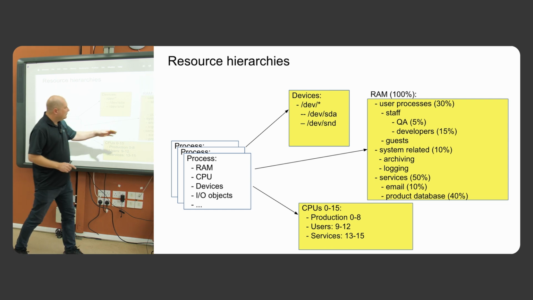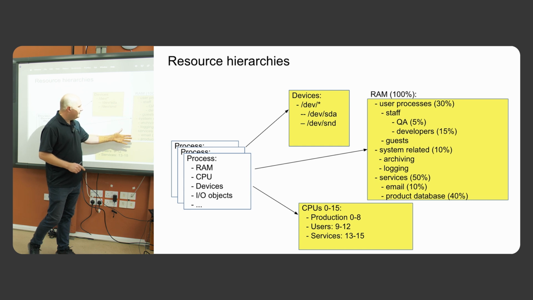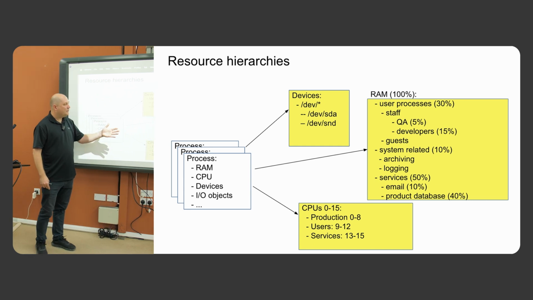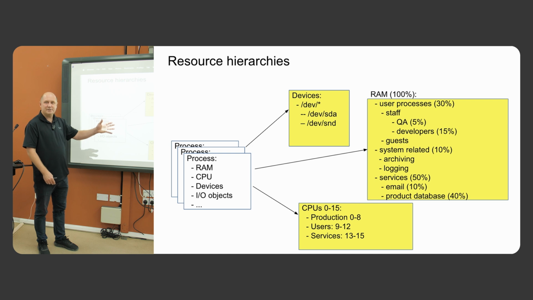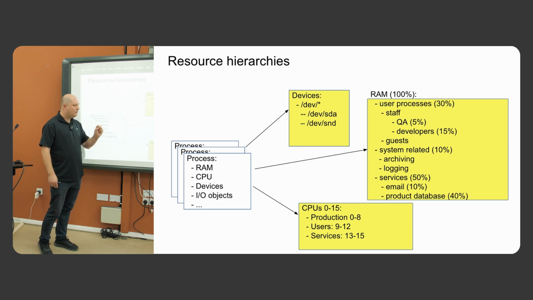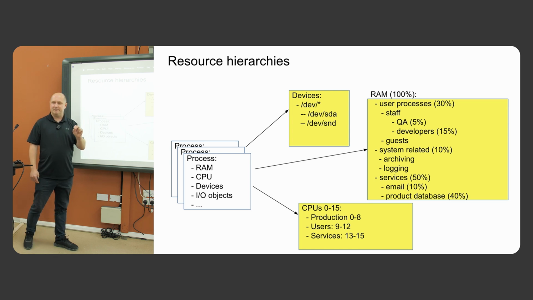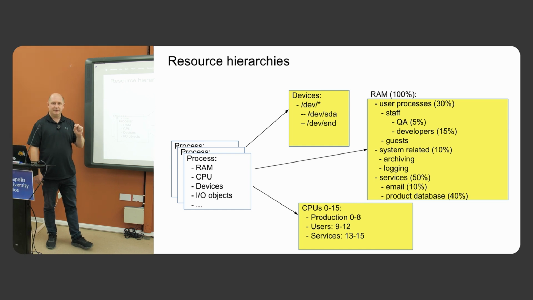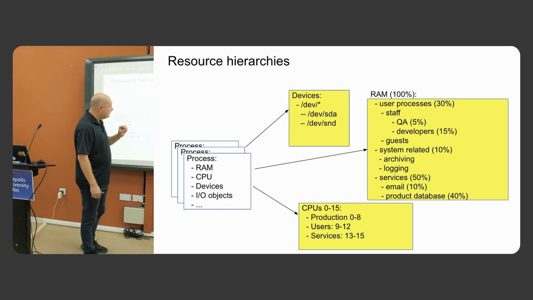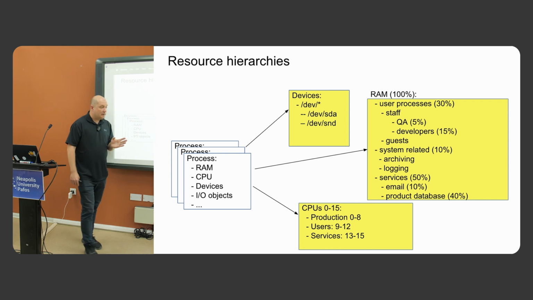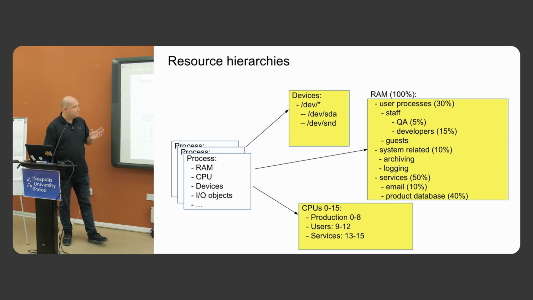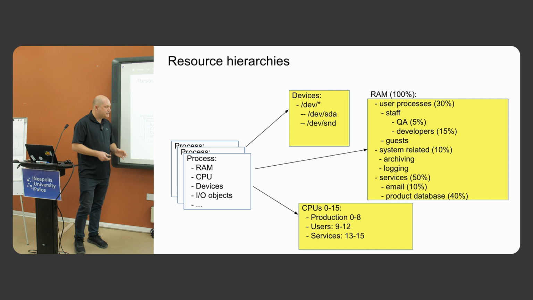Imagine that you want to classify how to use all of these resources without thinking about how many resources should be provided to each particular process, right? It's too complicated. And control groups is a way how to do this without thinking about each process.